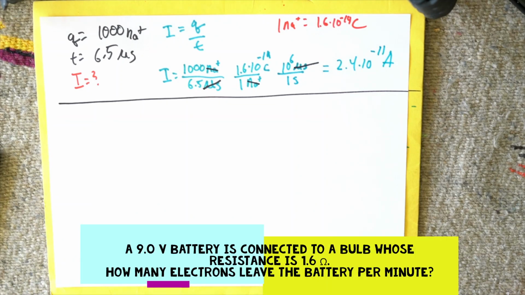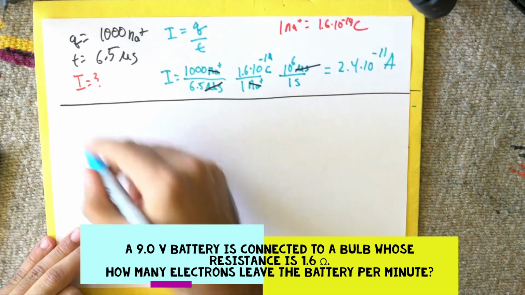Okay. Let's write down what we have and what we're trying to figure out. Right here, we're trying to find electrons per minute. Now we haven't done this before exactly, but let's think of what that entails. Electrons per, so some type of charge per some type of time. Does that remind you of anything?